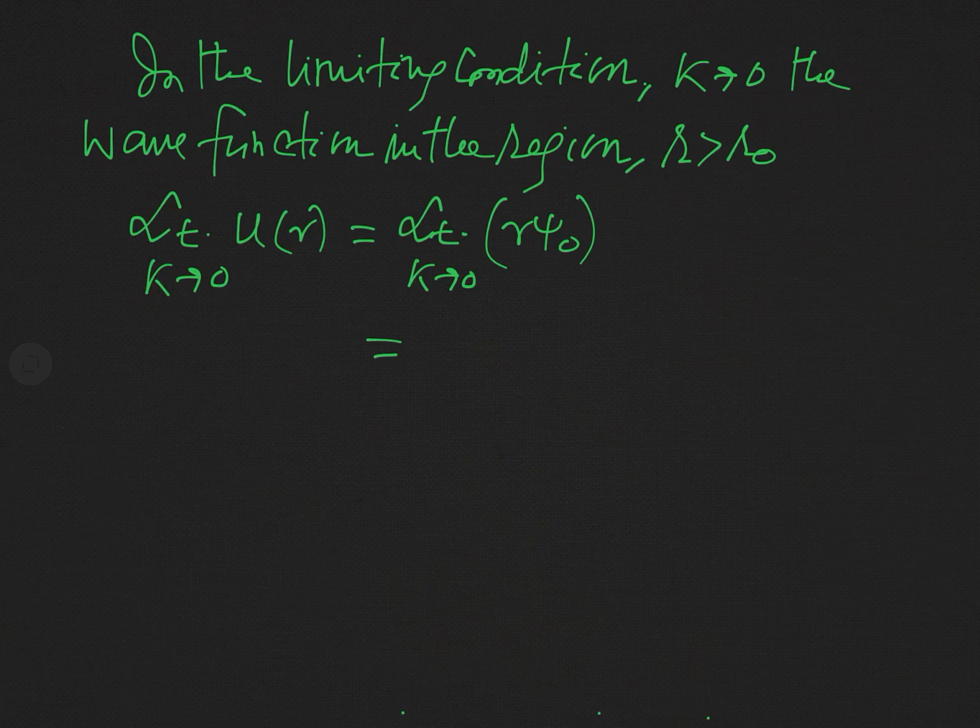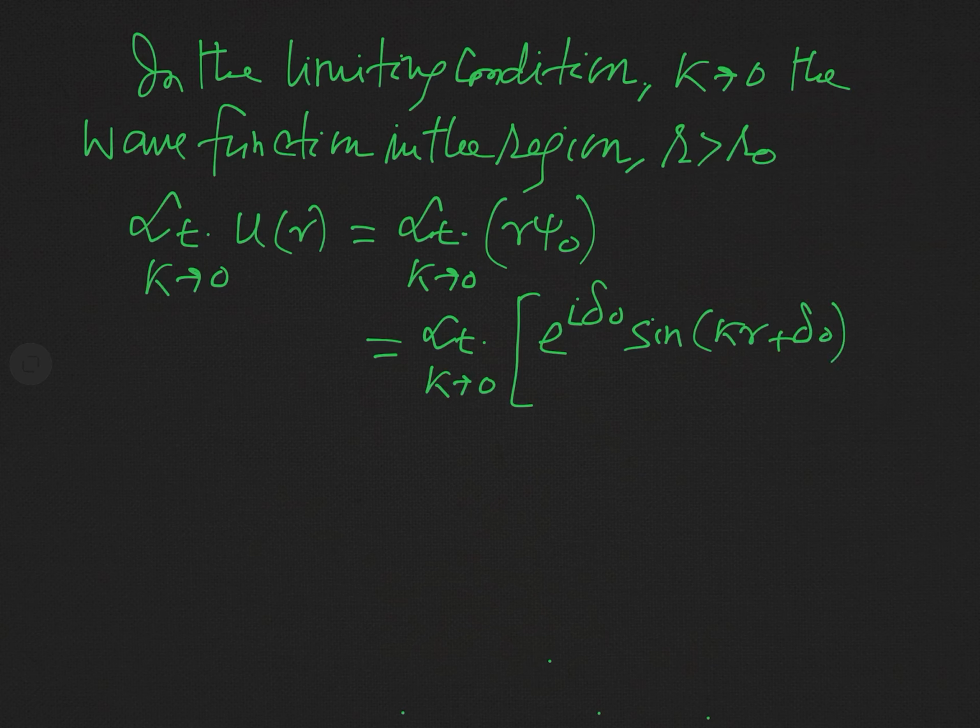And we know this u of r or r into psi naught is what we have just mentioned earlier. This will be limit k tends to 0 of e to the power i delta naught sine of kr plus delta naught, over k.